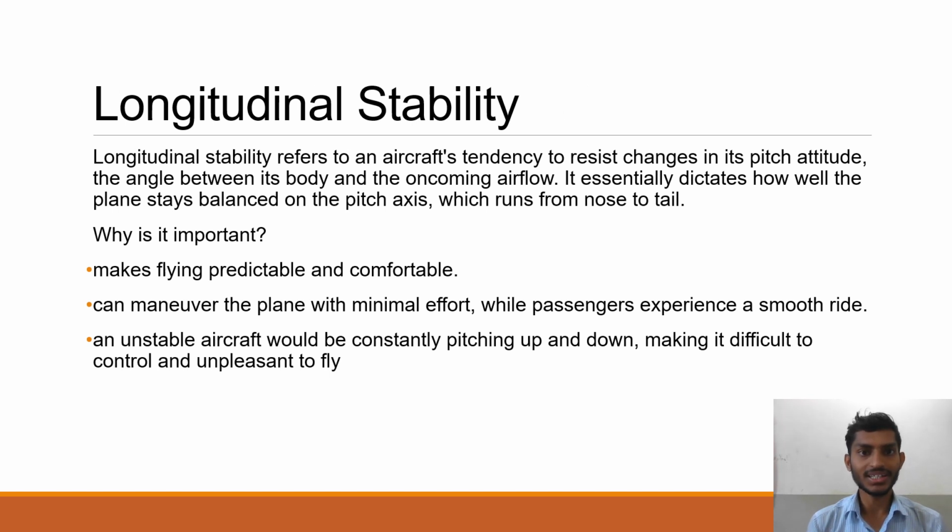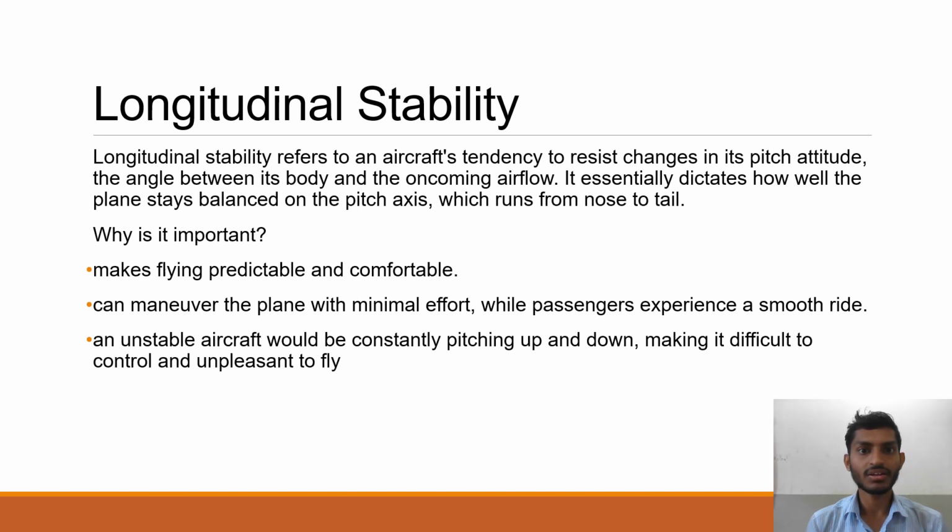Longitudinal stability. Longitudinal stability refers to the ability of an object to maintain stability and control along its longitudinal or lengthwise axis. It is a critical consideration in the design and operation of vehicles, aircraft, ships, and other systems to ensure their safe and effective performance.